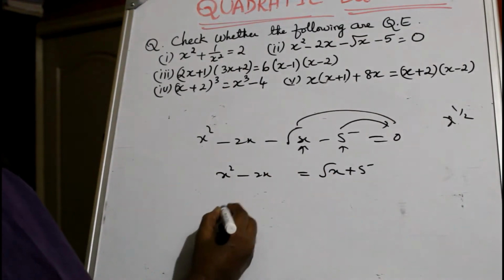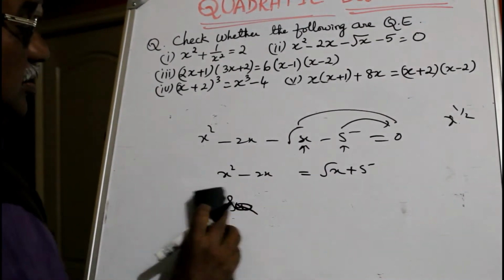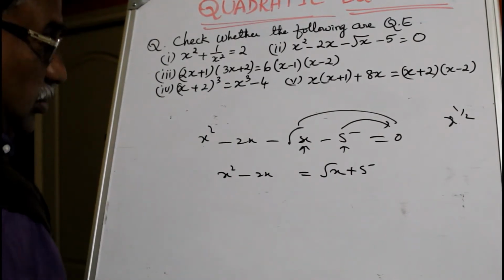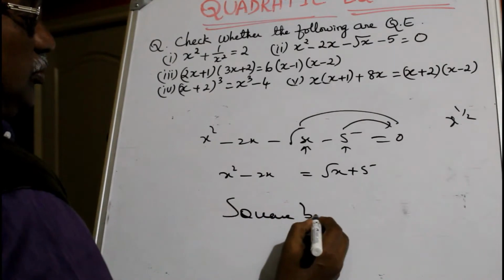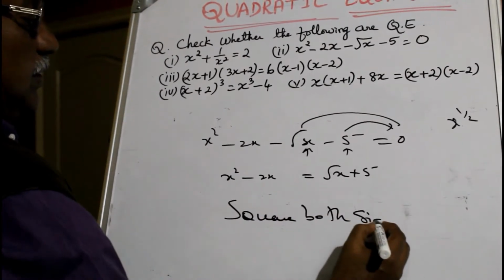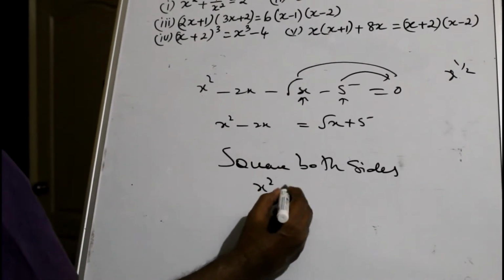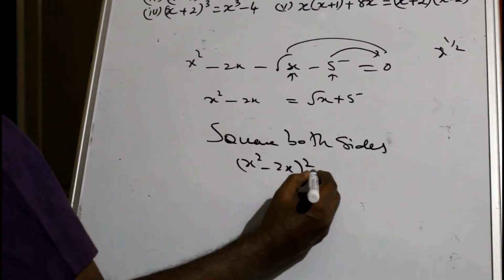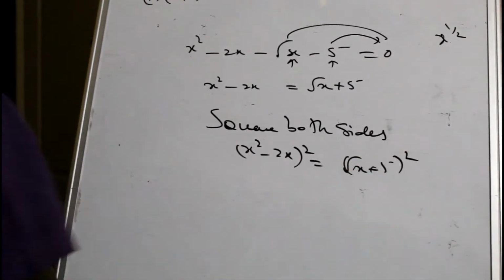Now to remove the root, square both sides. Now look here, x square minus 2x the whole square is equal to root x plus 5 the whole square.